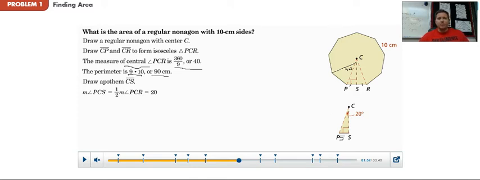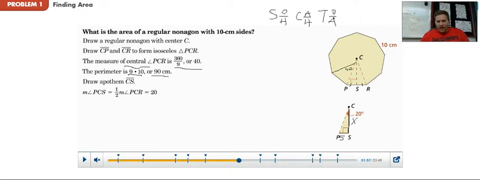So we can't use special right triangles, but it's still a right triangle, and we have an angle and a side, so we can use our SOHCAHTOA. We can use our trig functions in order to solve for this side. So we need to figure out what the apothem is, and the apothem is this straight line. That's what we're trying to figure out right there, and so this is going to be x.